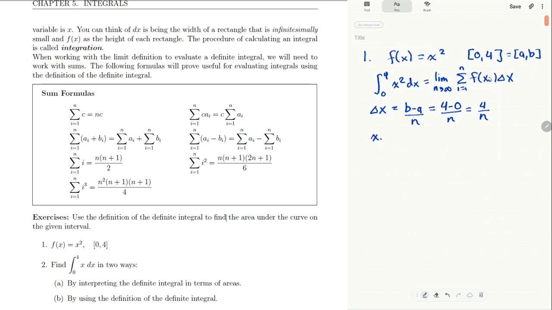Next, we need the x-coordinates, xi, which is given by a plus i times delta x. So we have 0 plus i times delta x, which we just calculated to be 4 over n. And this can be simplified to 4i divided by n.